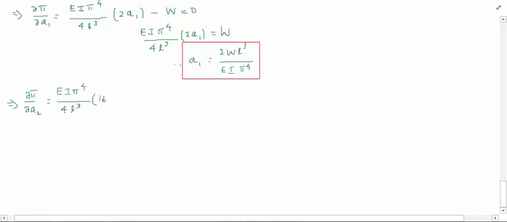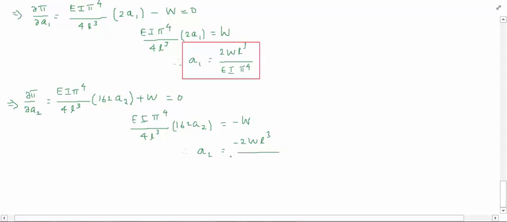So A pi power 4 by 4 L cube, 162 a2 plus W is equal to 0, and if you rewrite this equation, it is equal to minus W, and from this we can find the value of a2. So minus 2WL cube divided by 81 EA pi power 4. So this is the value of a2, right?